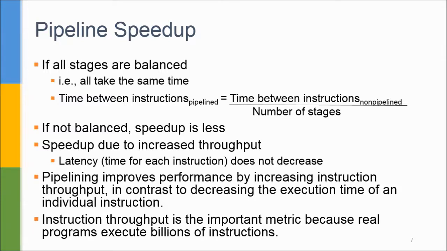Under ideal conditions and with a large number of instructions, the speed up from pipelining is approximately equal to the number of pipe stages. So a 5-stage pipeline is nearly 5 times faster.